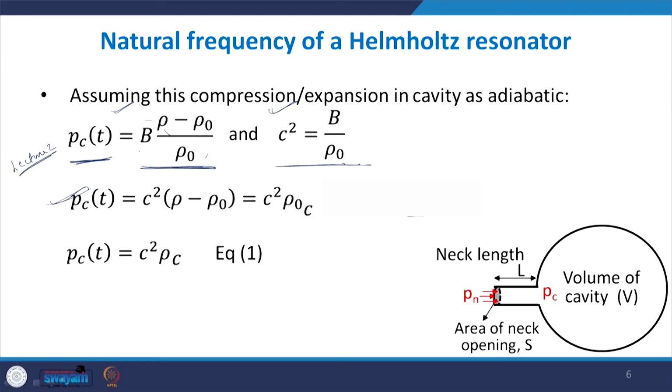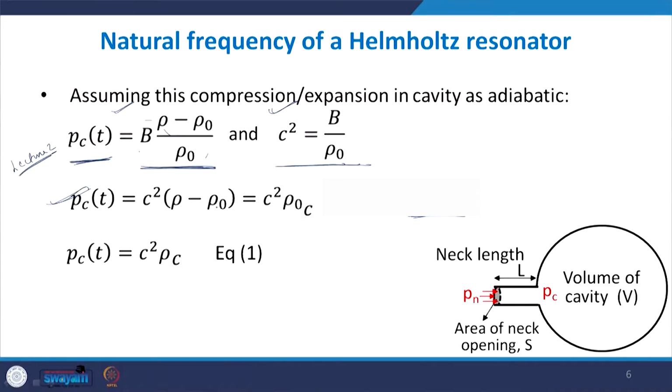So rho naught is approximately equal to rho, or the overall density is approximately the same as rho naught, because acoustic fluctuations are very small fractions of the actual value. So we replace this rho minus rho naught by rho naught. The pressure inside the cavity from this adiabatic relationship comes out to be c square into rho naught.